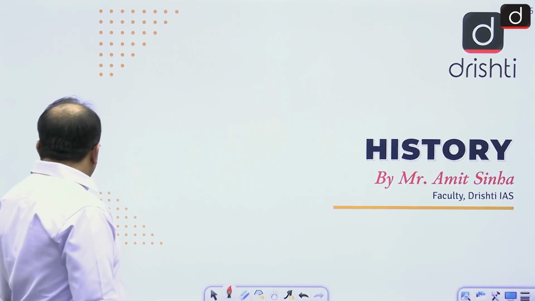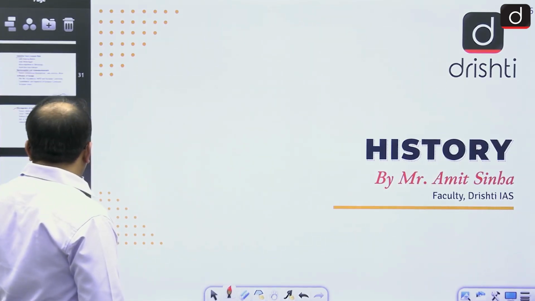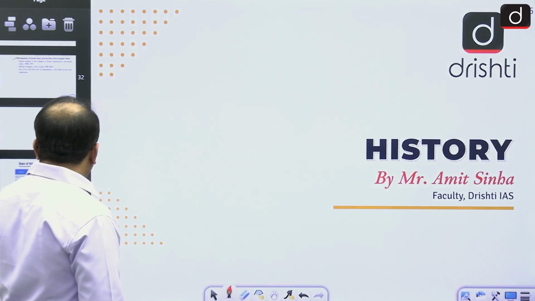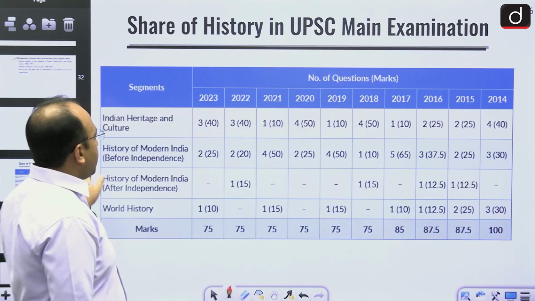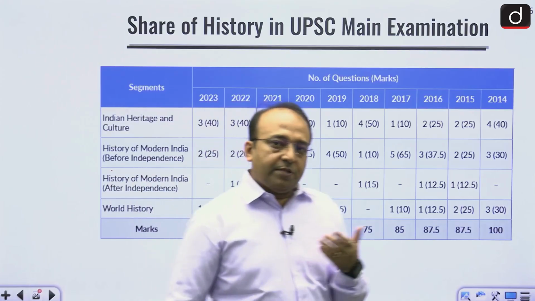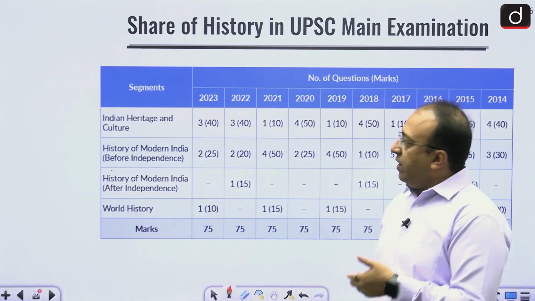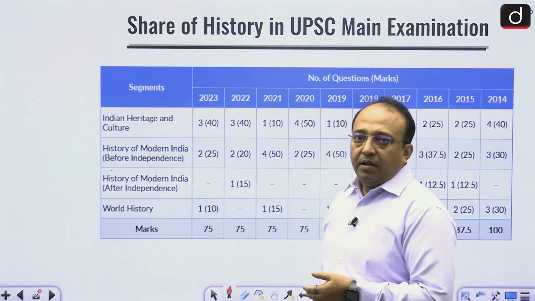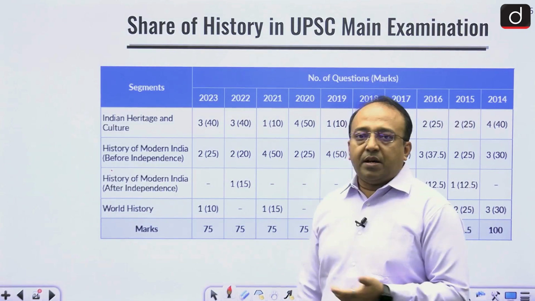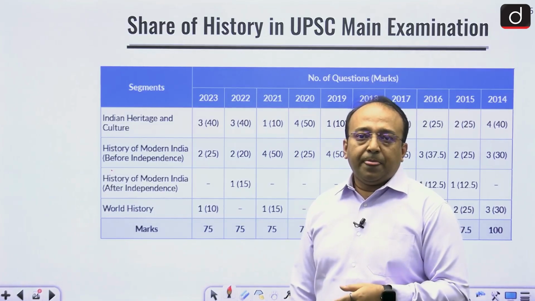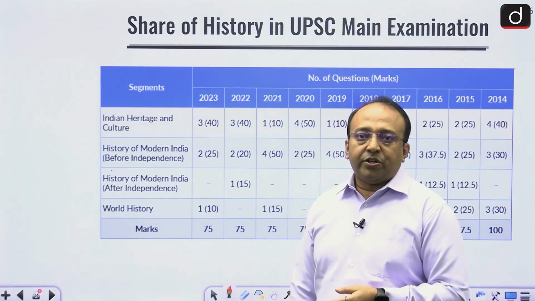Fine. Now having said that, let's also understand some very important aspects of the kind of questions that are asked to you in your GS paper from history. So in the GS paper equally, history is so relevant. You can see every year this sort of questions have been asked by UPSC in the mains examination.